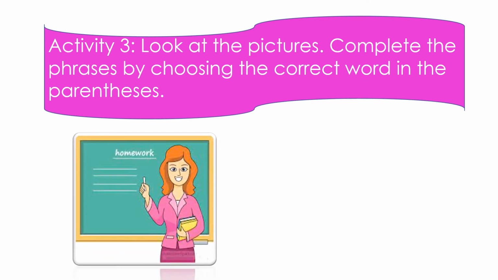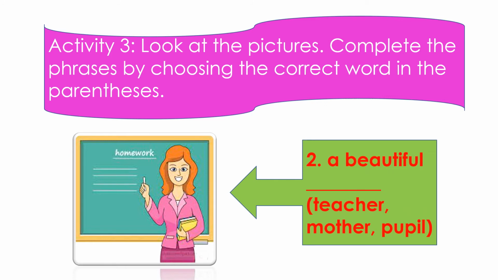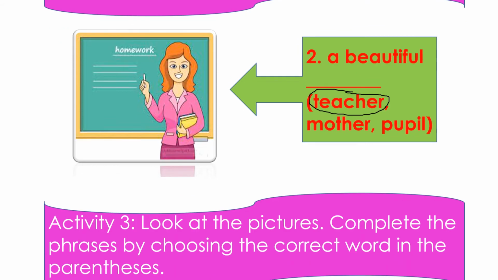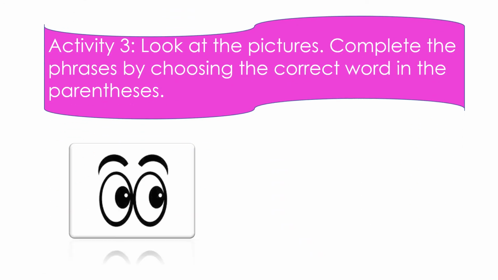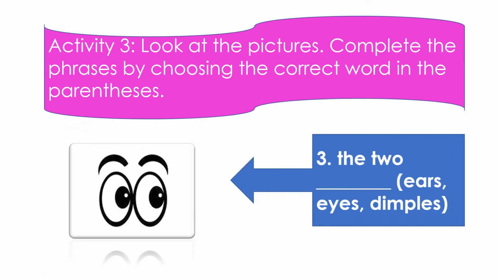This is picture number 2. A beautiful blank. Teacher, mother, pupil. What is the lady doing? Okay, a beautiful teacher. Okay, that is correct. Picture number 3. The 2 blank: ears, eyes, dimples.